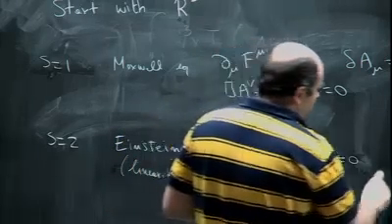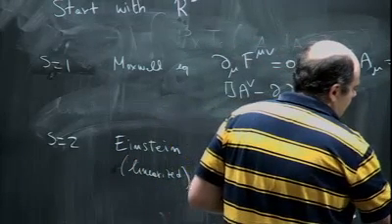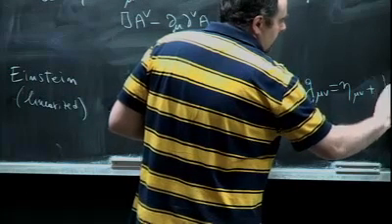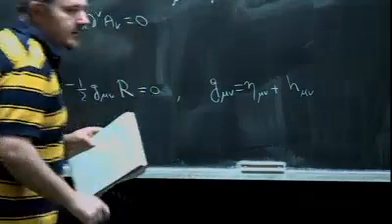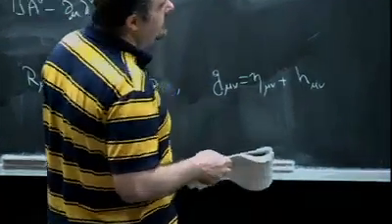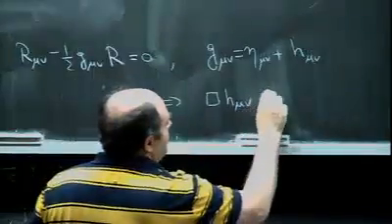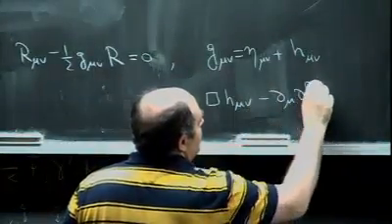And if we make the metric equal to flat plus fluctuations, right, then we get the linearized Einstein equations, which are right here, which I'm sure you all have seen at some point.